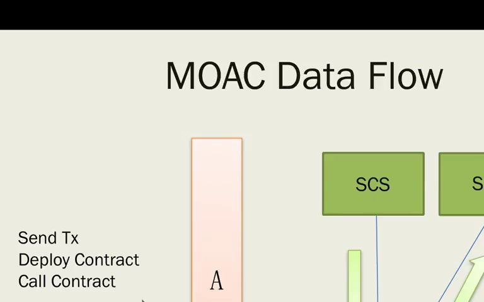It won't affect the mother chain, and it won't affect other microchains. It only runs the consensus with the nodes inside that microchain, which are included by the smart contract defined by the microchain smart contract.